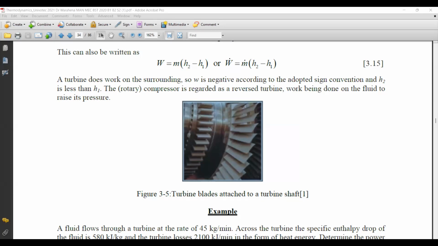Turbine has an expansion. Okay. Expansion. Turbine. In.